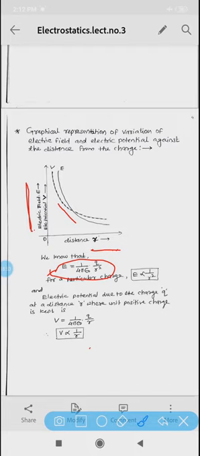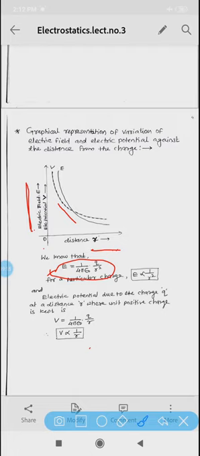Again, the nature of the graph is a little bit the same. The increase in distance from the charge causes the decrease in electric potential.